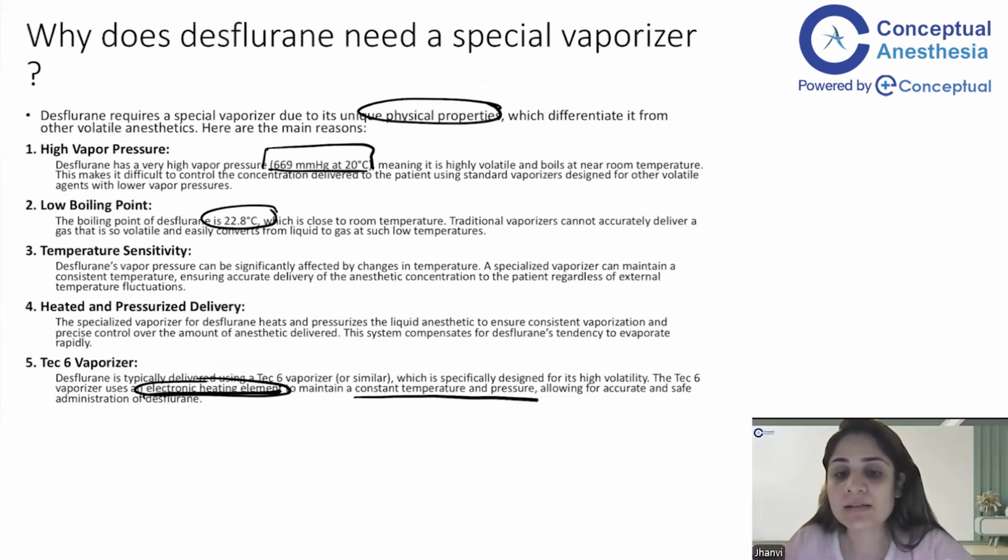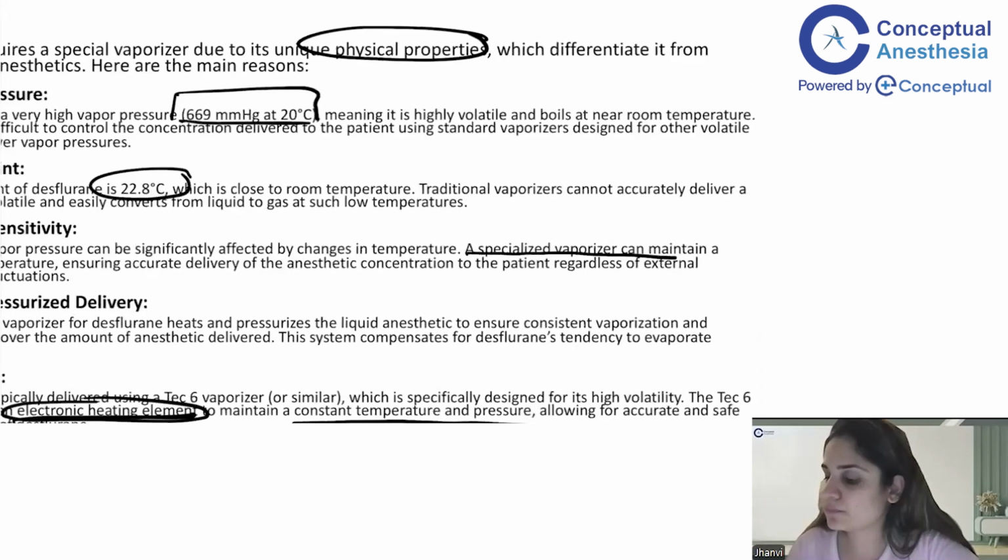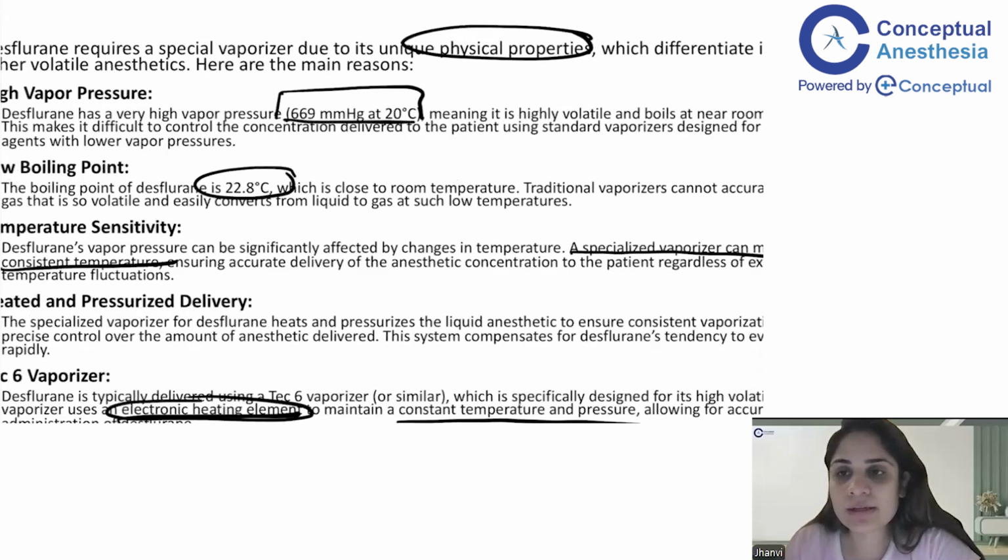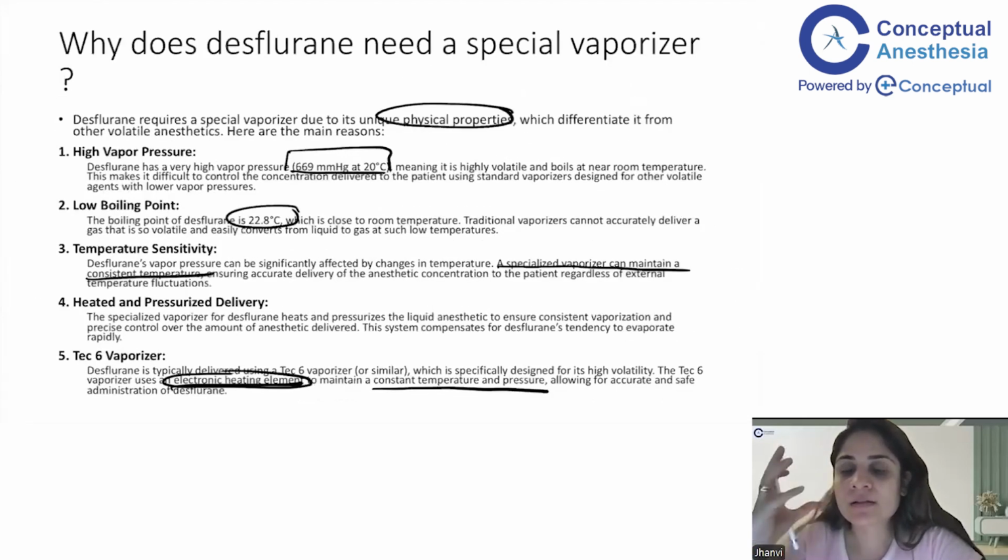As a result, you have to have a vaporizer that maintains a consistent temperature. That consistent temperature helps in accurate delivery of anesthetic concentration, and it does not depend on any external temperature fluctuations.